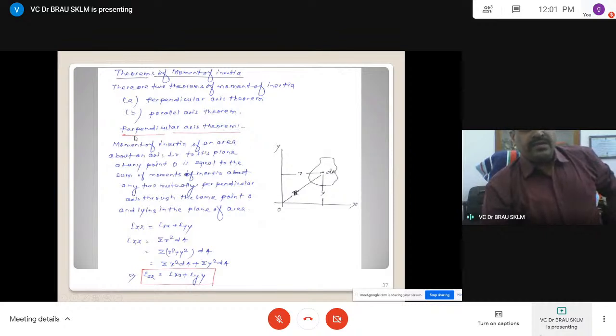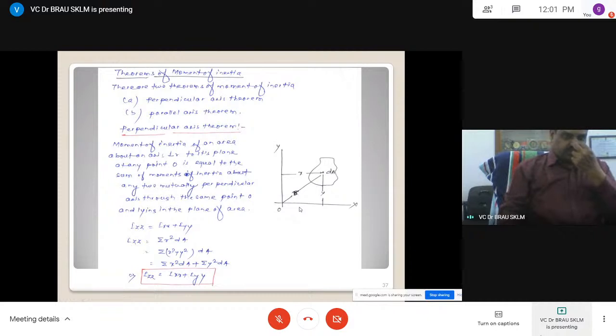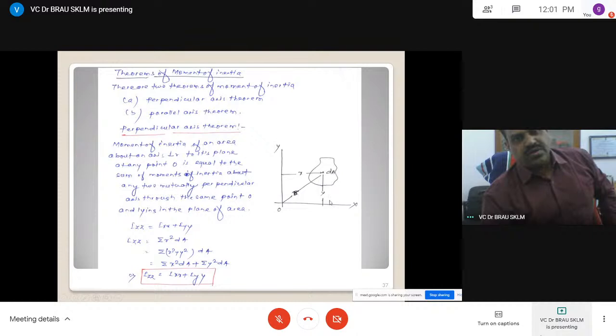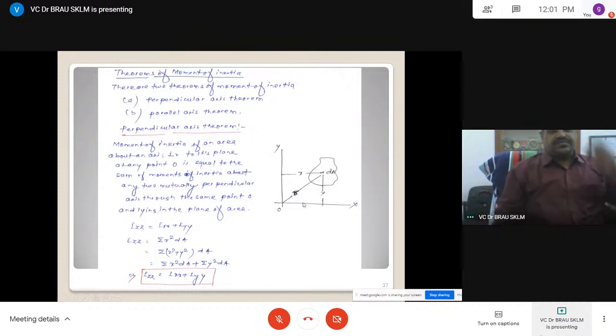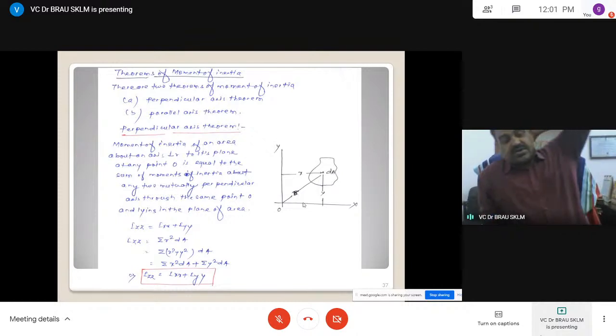Now let us consider the perpendicular axis theorem. The moment of inertia of an area about an axis perpendicular to the plane at any point O is equal to the sum of the moments of inertia about two mutually perpendicular axes. That is, Izz is equal to Ixx plus Iyy. Izz can be represented with r squared here.